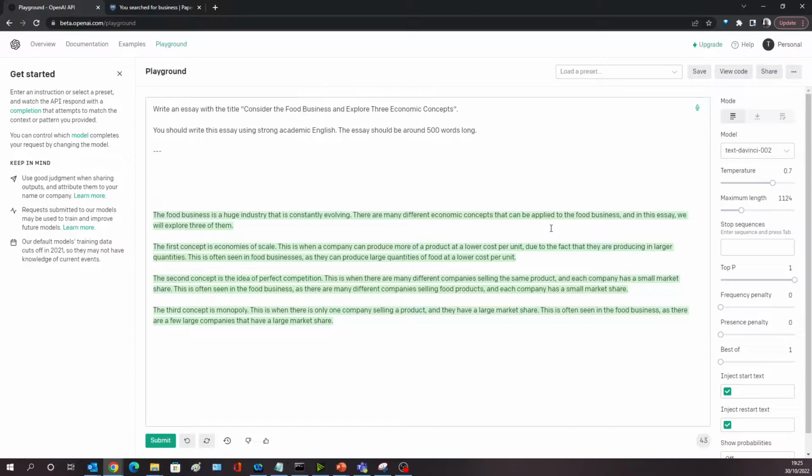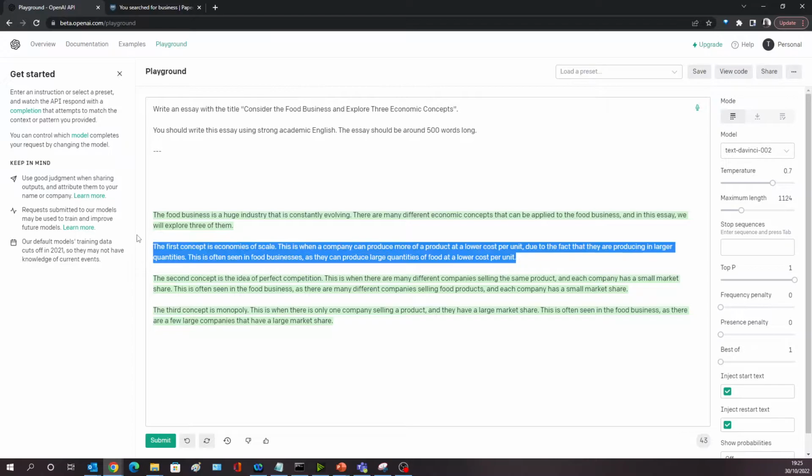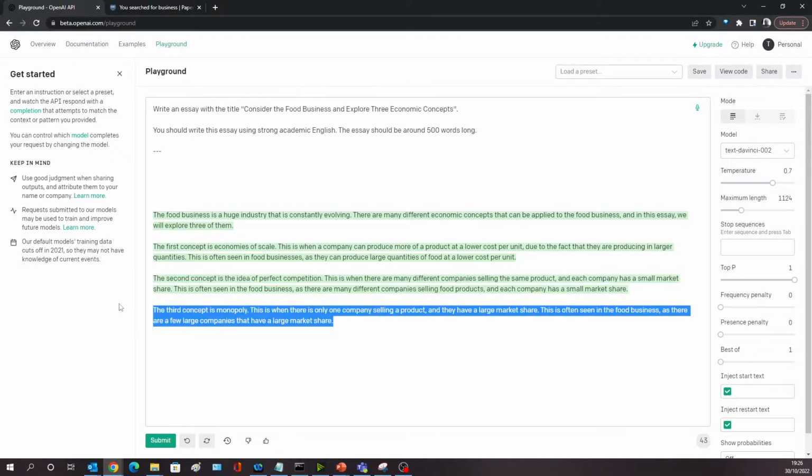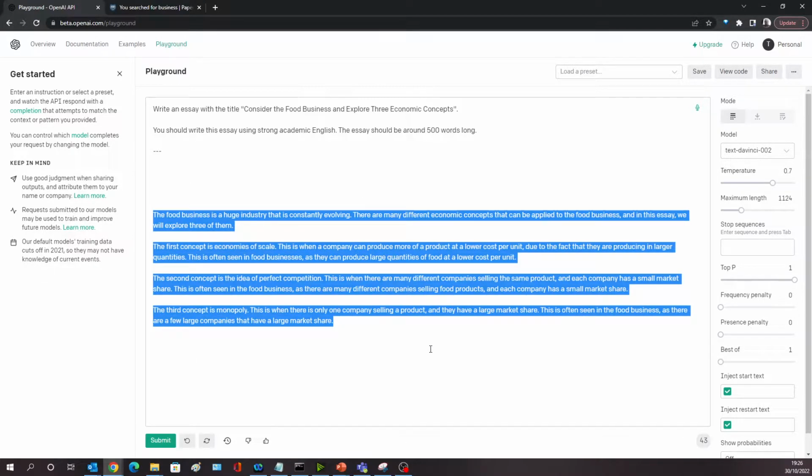So what might this teach us as somebody who is trying to write an essay? I'm trying to think here about how we might use this technology in a legitimate fashion. It might give us some ideas we could develop when we are writing an essay for ourselves. And if we were to run this again, we would get different concepts coming through.